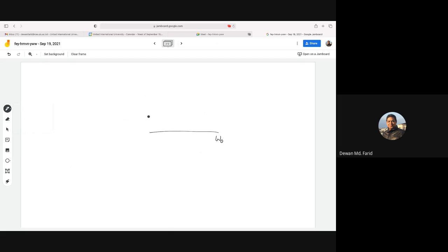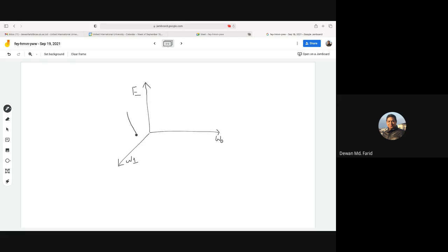This is the error we want to minimize, called E for error. And this is our second weight, W1. So we have to find the minimum point for W0 and W1 with respect to this error.